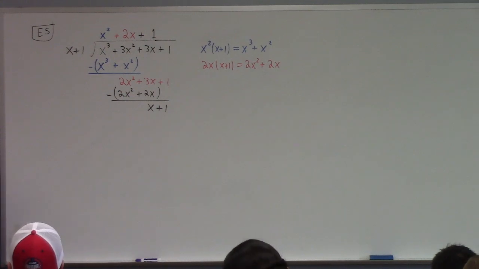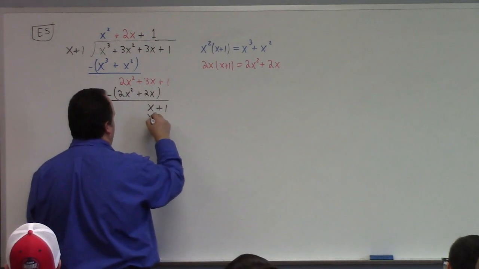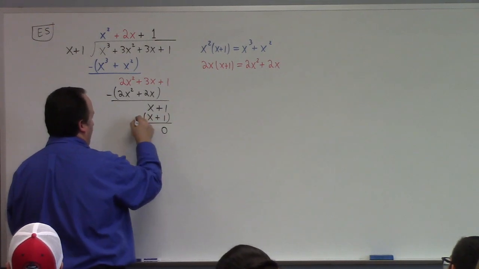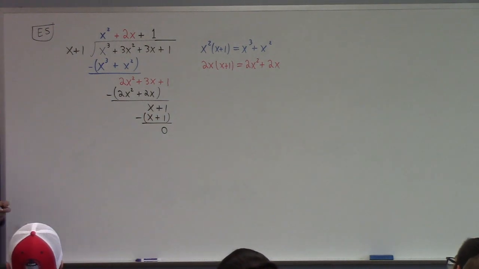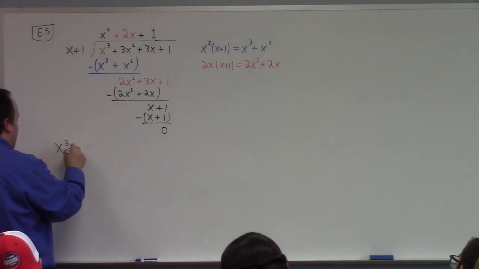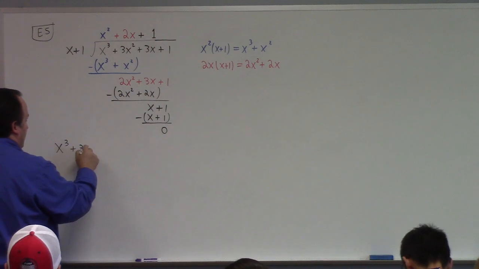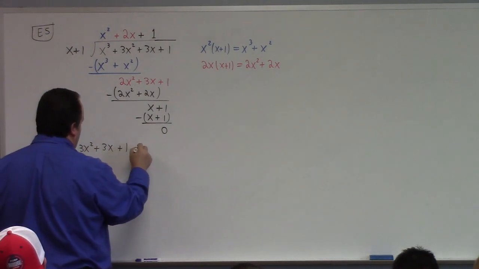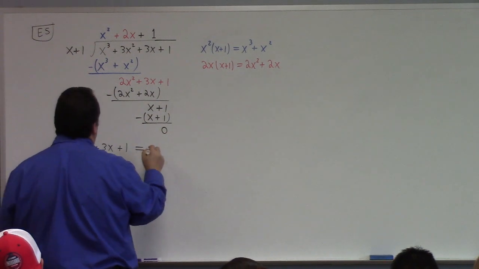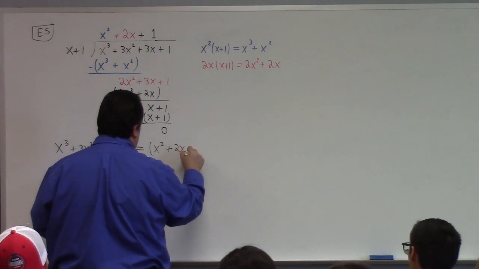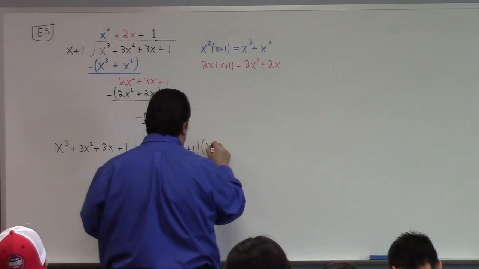Now we put x plus 1 down here. What's my remainder? Nothing. It's nice and happy. So what does all this mean? This means that there's no remainder. So x cubed plus 3x squared plus 3x plus 1 is actually equal to x squared plus 2x plus 1 times x plus 1.